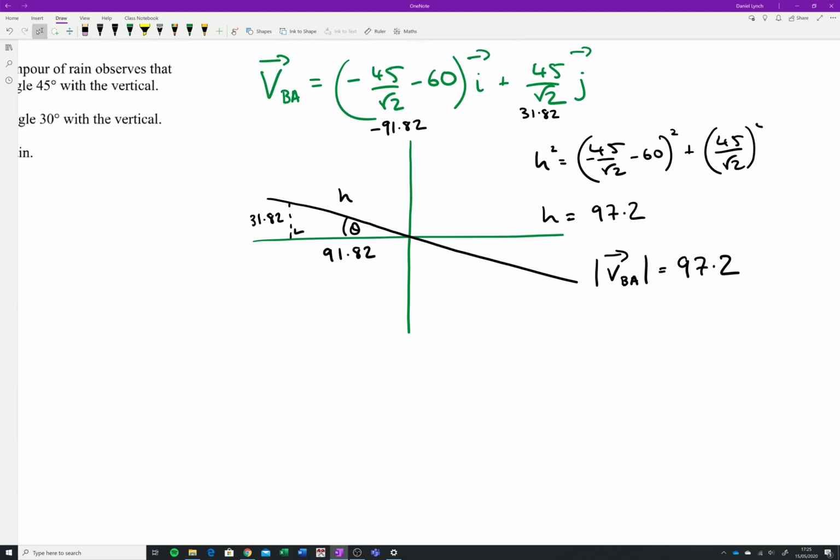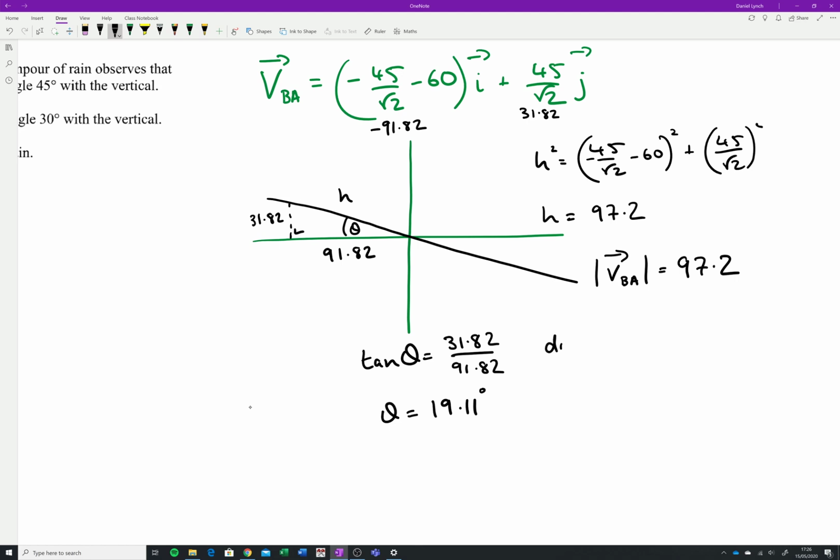And to get the direction, it's just tan. Tan theta is the opposite, 31.82 over the adjacent, which is 91.82. So theta is equal to tan inverse of all of that. And again, it's not a perfect number, but we'll just go to 2 decimal places, 19.11.